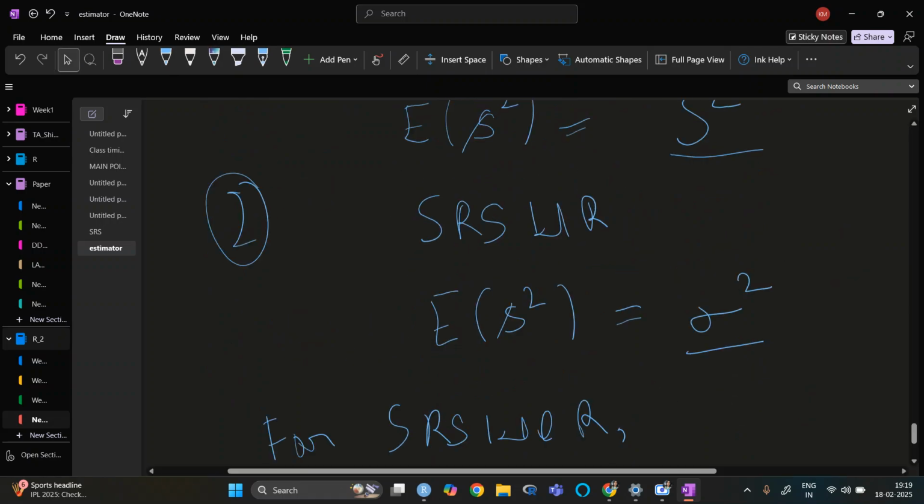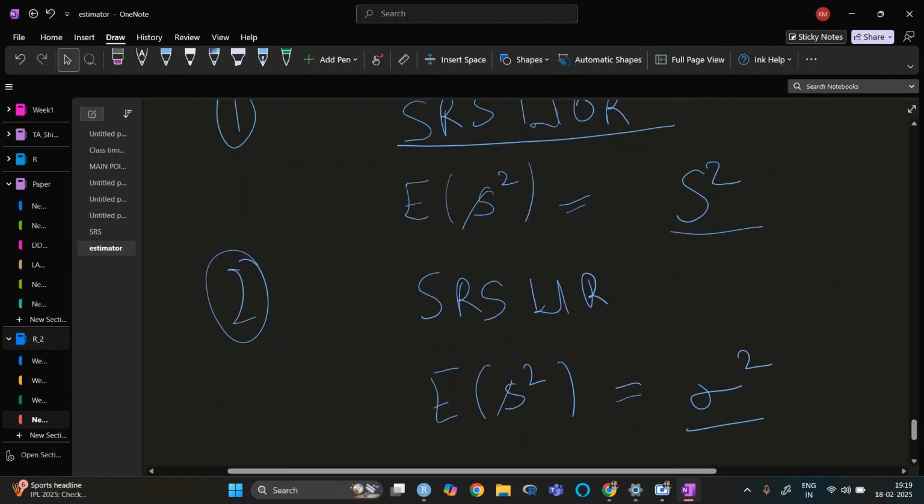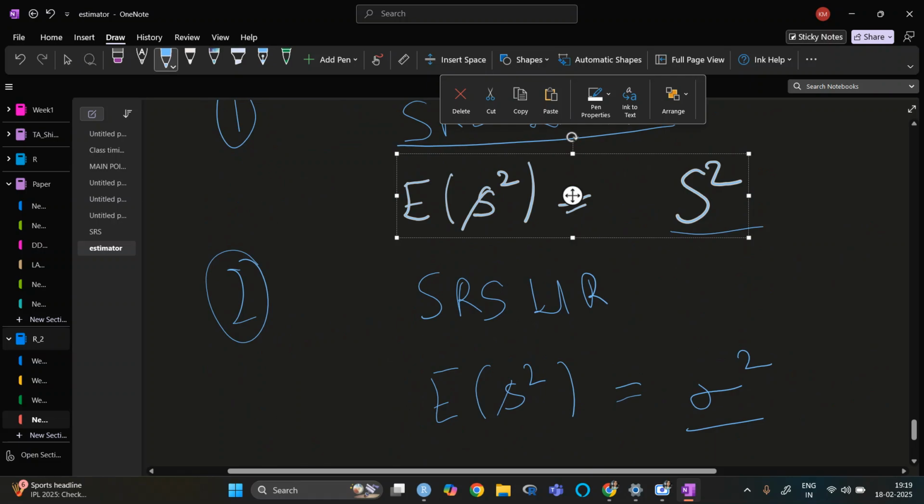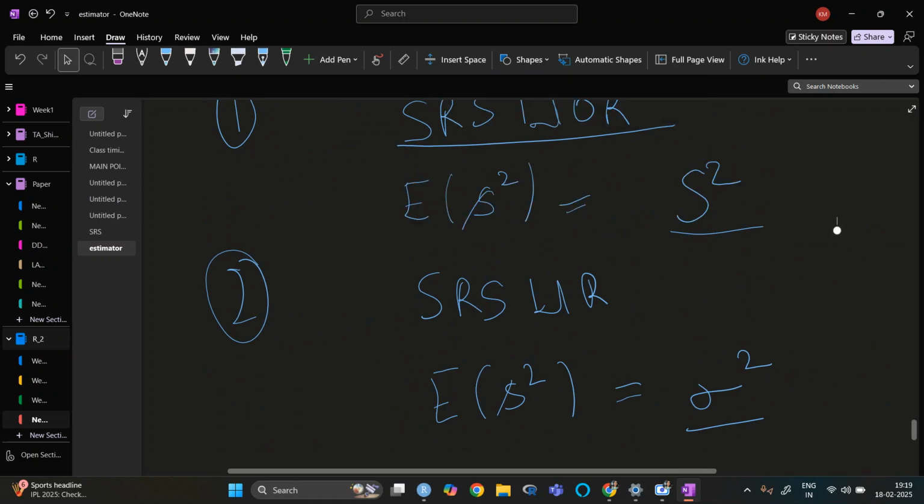The simple meaning of unbiased is that the expectation of an estimator is equal to the population variance or mean, etc. In the previous case, for the mean, we saw that the sample mean is an unbiased estimator for the population mean, but here the unbiased estimators are different.